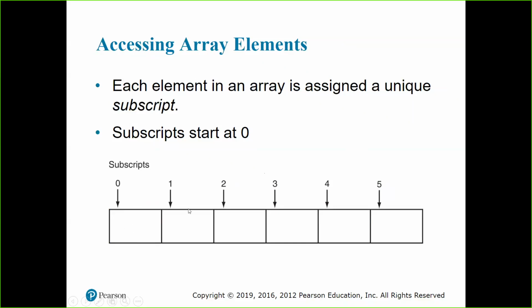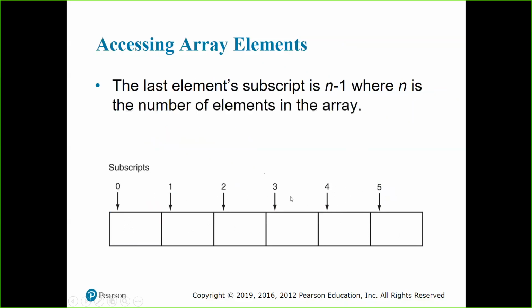So the first subscript is 0, the second is 1, the third is 2, the fourth is 3, and the fifth is 4, because it starts from 0: 0, 1, 2, 3, 4.